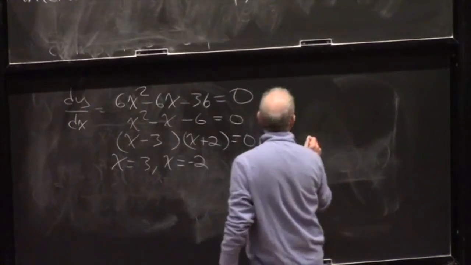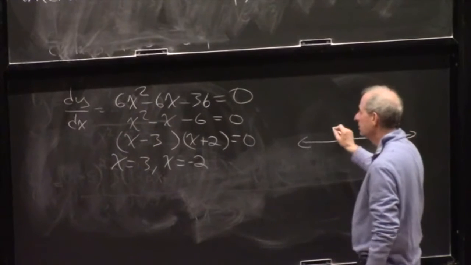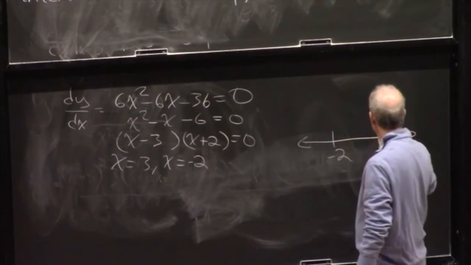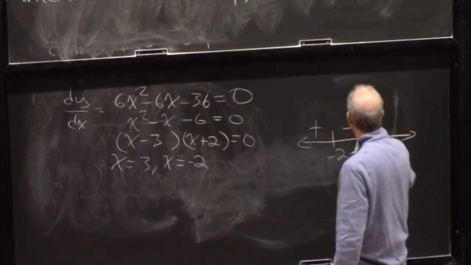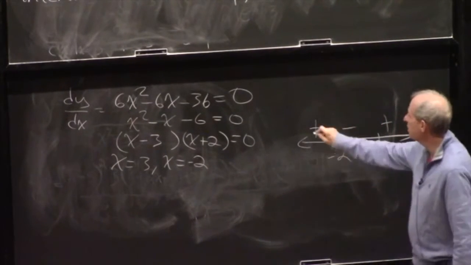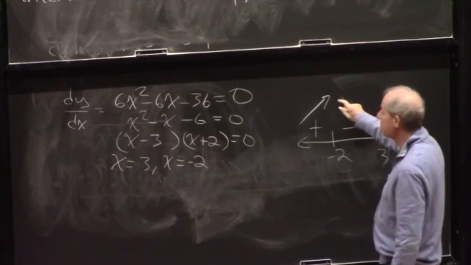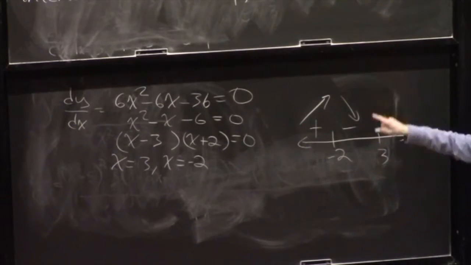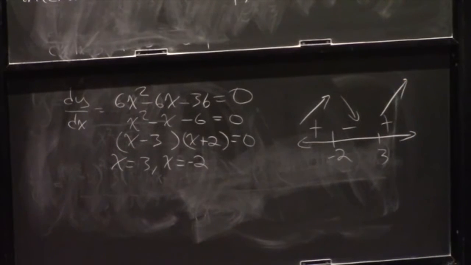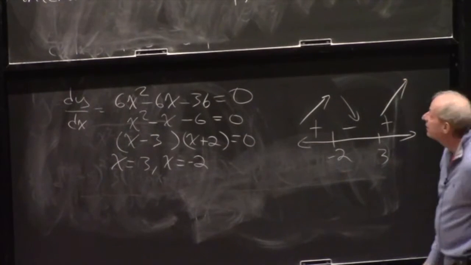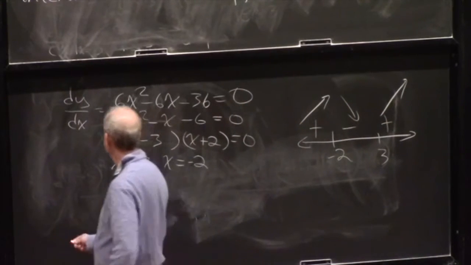So that means we're going to have -2, 3, and you test some values, and you'll find that it goes plus minus plus. So it goes up, comes back down. That makes it a maximum, because you go up and you come down. And it goes down and comes back up, so that makes it a minimum. Okay? So let's do the second derivative.